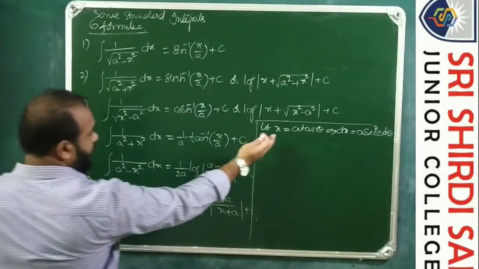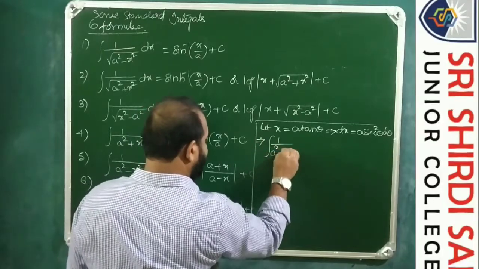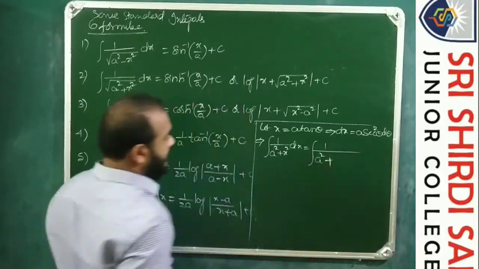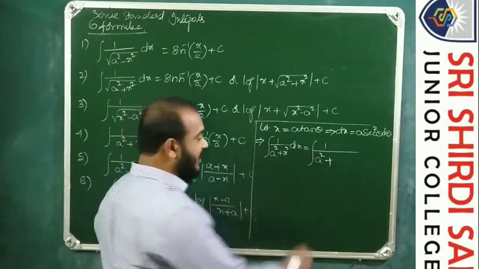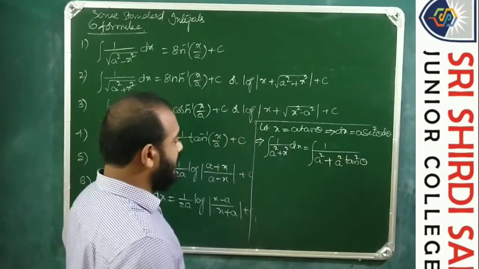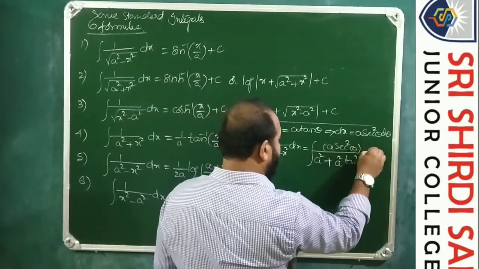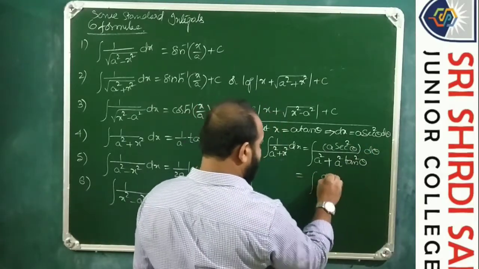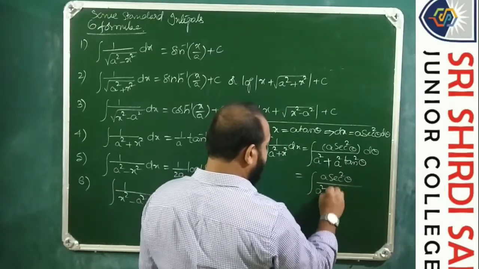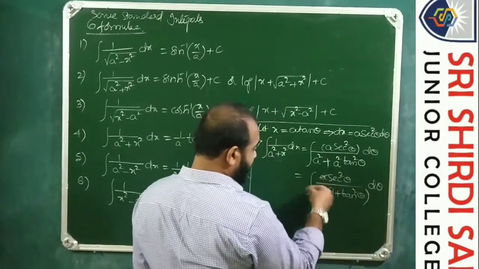So substitute this in the integral. 1 by a square plus x square dx is equal to 1 by a square plus x square, where x is a tan theta, so x square is a square tan square theta, into dx, which is a secant square theta d theta. So this is a secant square theta by, take a square in common, then we get 1 plus tan square theta d theta.